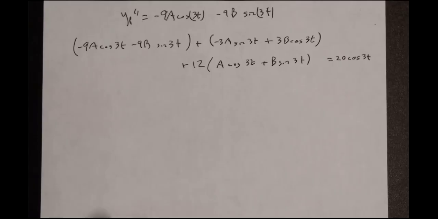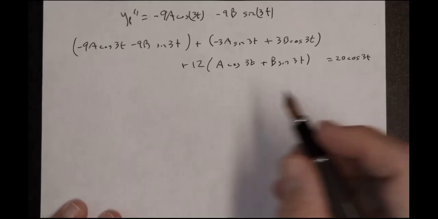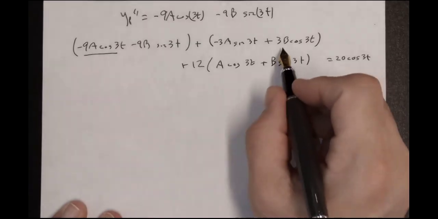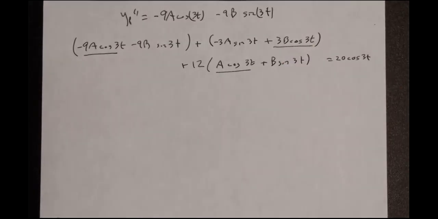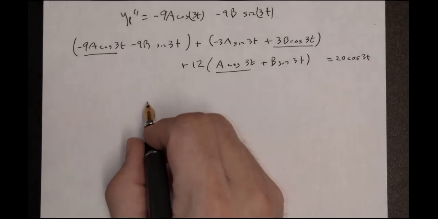Ready? All right, cosines. Let's just look at cosines for a minute. Here's a cosine, here's a cosine, here's a cosine. What is the coefficient for cosine of 3t on the left-hand side?